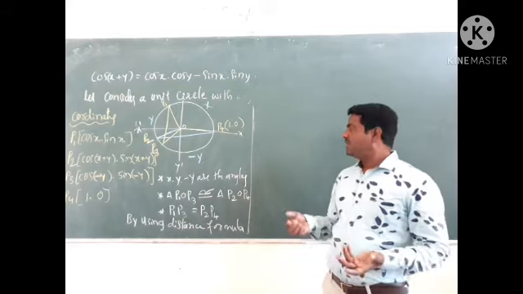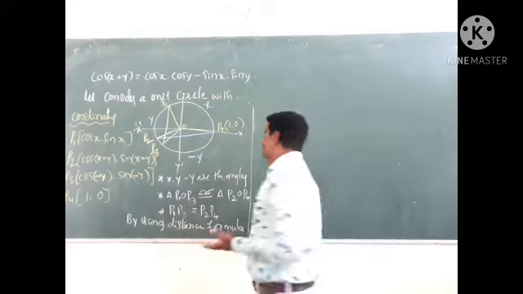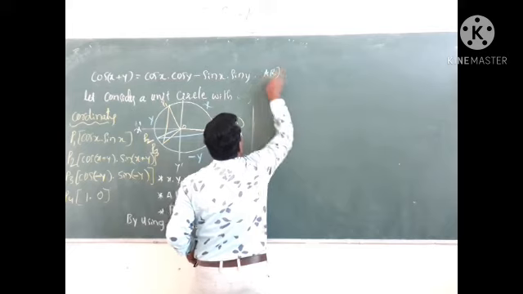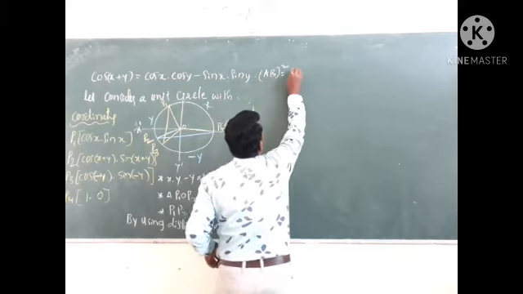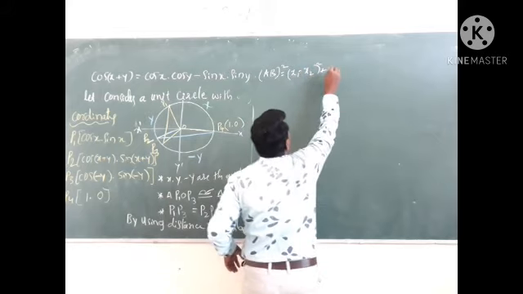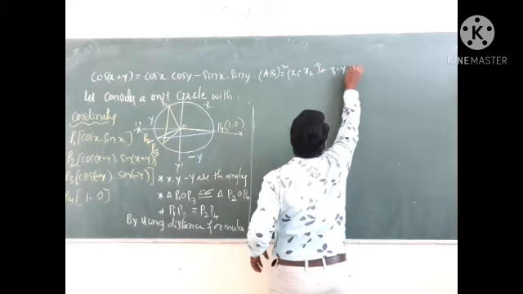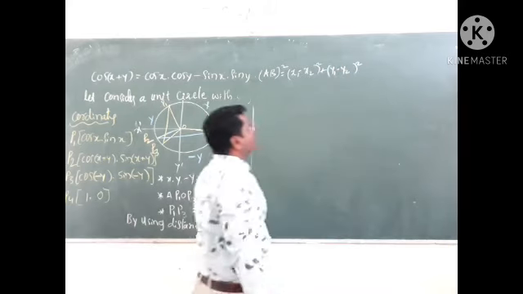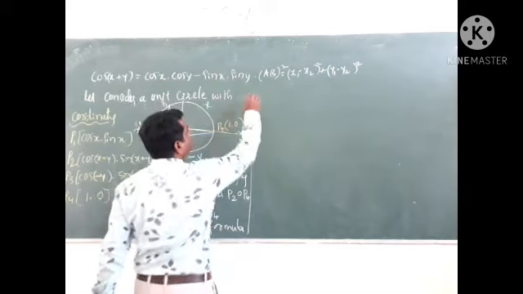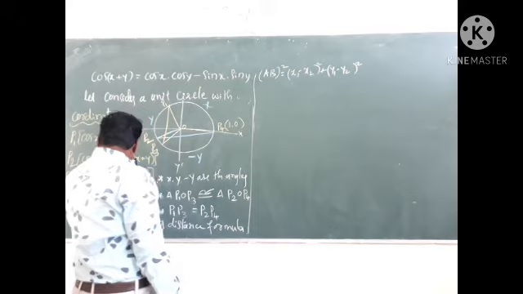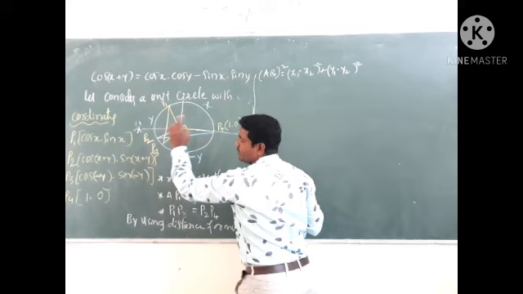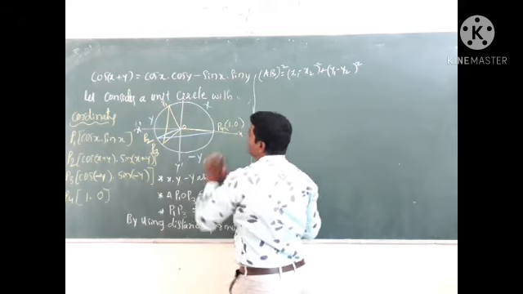It may be AB, maybe PQ, whatever 2 points you take. Here we have AB square equal to x1 minus x2 whole square plus y1 minus y2 whole square. Now we use this formula, taking P1 and P3 as the first line, and P2 and P4 as the second line.